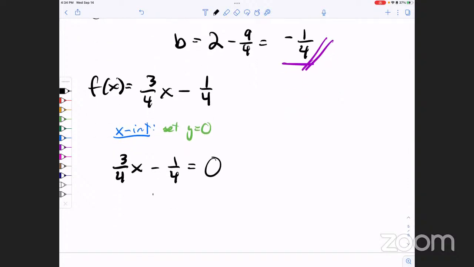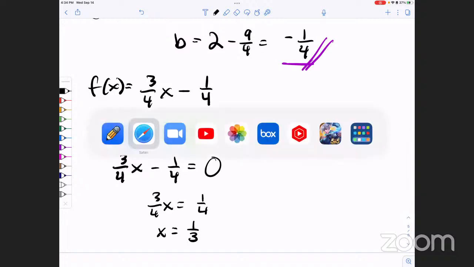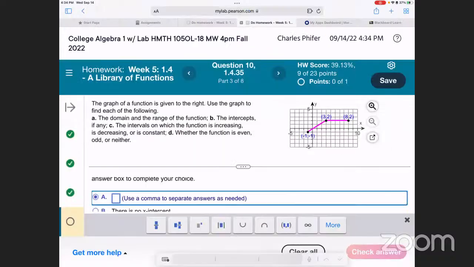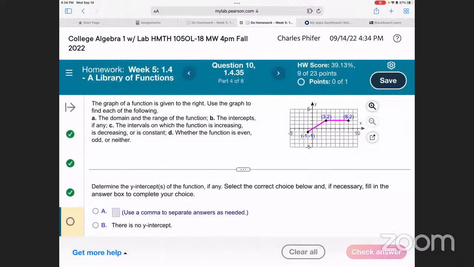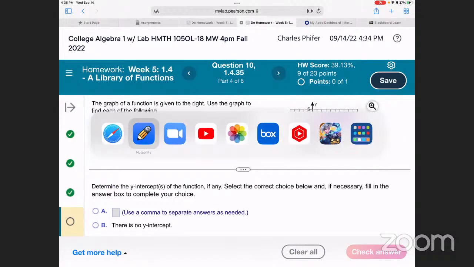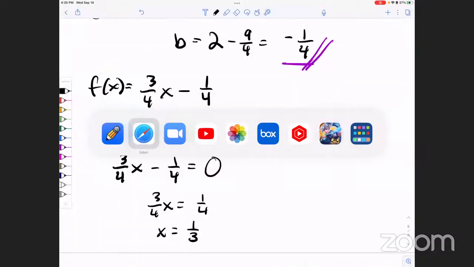Add, and multiply by the reciprocal, a third. Okay, so our x-intercept is positive 1 by 3. Then our y-intercept is -1 by 4.